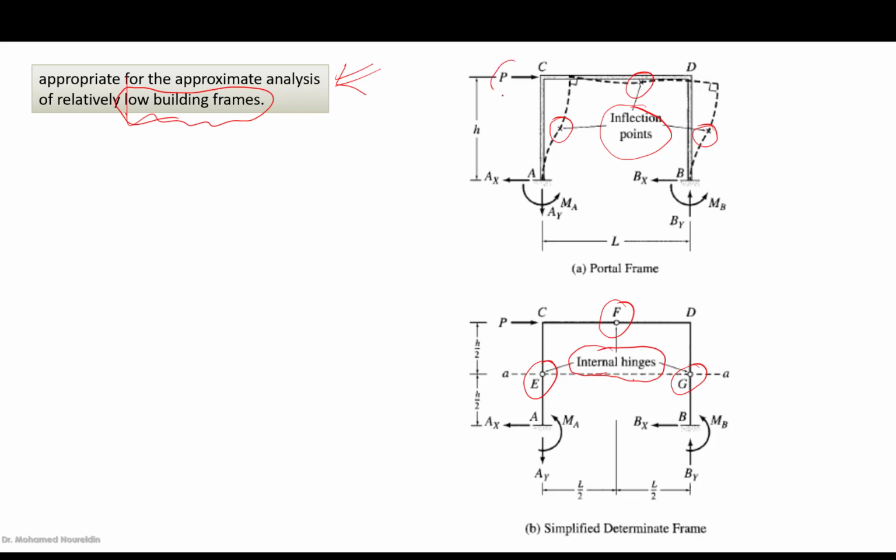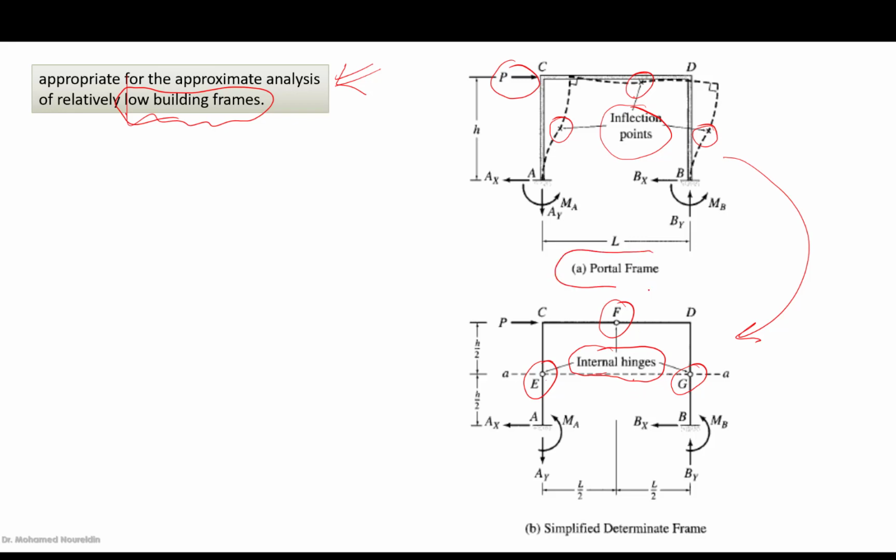If a lateral load is applied on a frame, then the inflection points take place at the mid-span of the columns and the girders. Based on this, we introduce internal hinges at the mid-span of the columns and the girders, and we use an equation of condition at each internal hinge introduced.